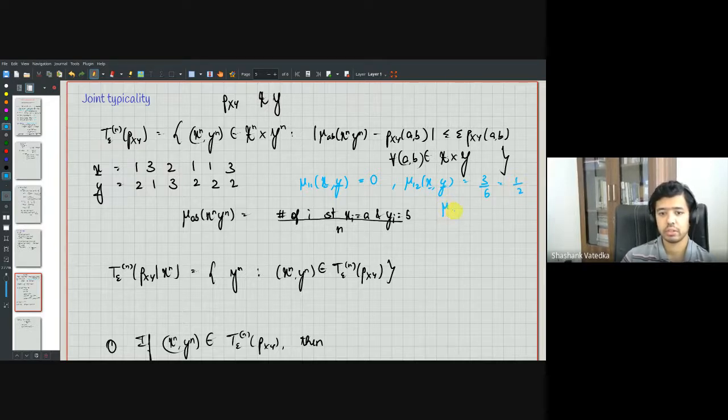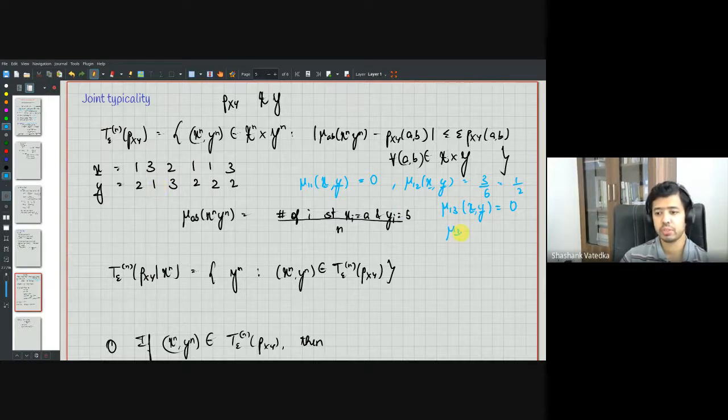Right. So similarly, what is mu_13 of x comma y? Then it will be 0. Yeah, so this is also equal to 0 because we never have any location where x is equal to 1 and y equal to 3.